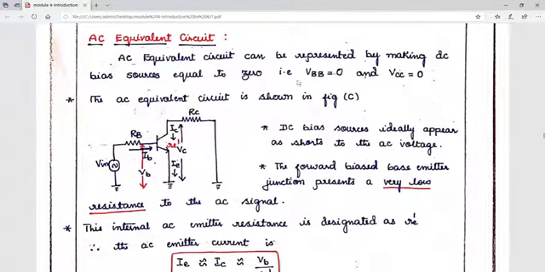Now if we move further, if I have to write the AC equivalent circuit using the same circuit, an AC equivalent circuit can be represented by making the DC bias sources equal to 0. That is, in the corresponding circuit, VBB equals 0 and VCC is 0. So if you see here, only the AC input is present, and we don't have our VBB and VCC DC sources.